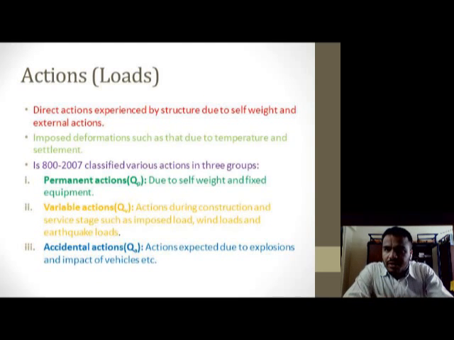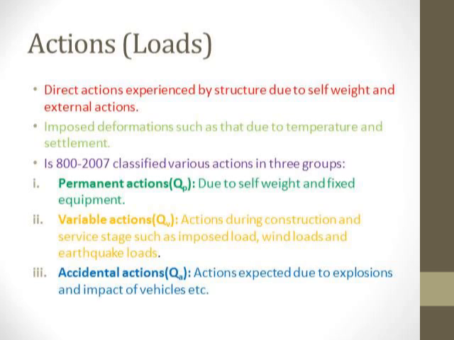IS 800 classifies various actions into three groups: permanent actions, variable actions, and accidental actions. These are the three classifications.